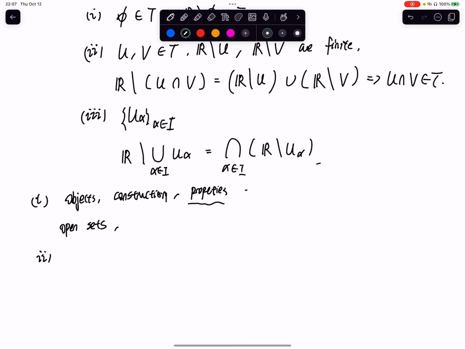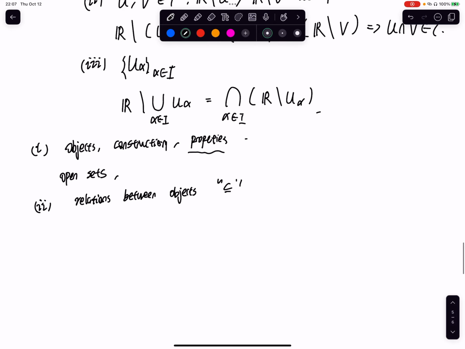And of course, we shall be interested in the relations between objects. So, for example, the comparability. And also, we are concerned with the operations. Not only the operations between objects, but also the operations from different topological spaces.